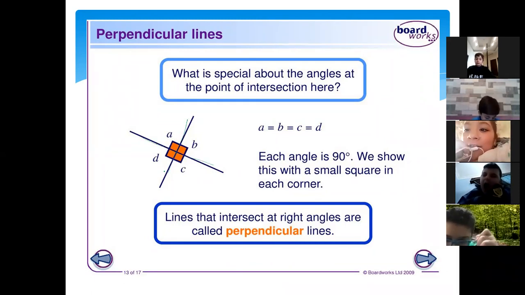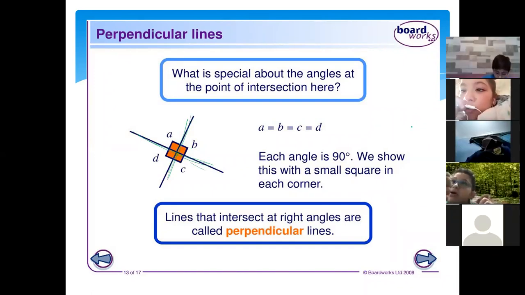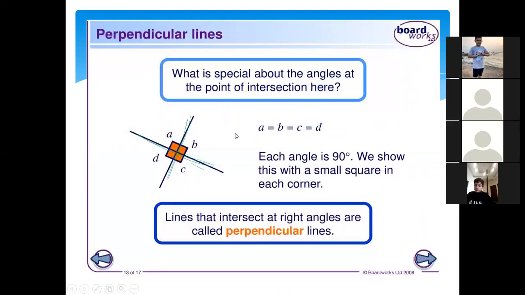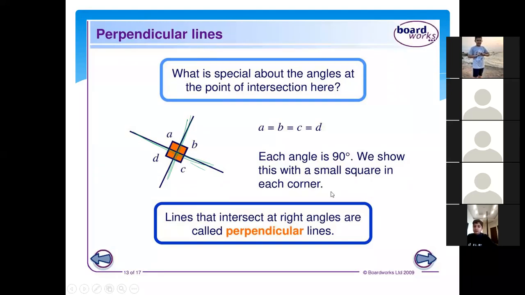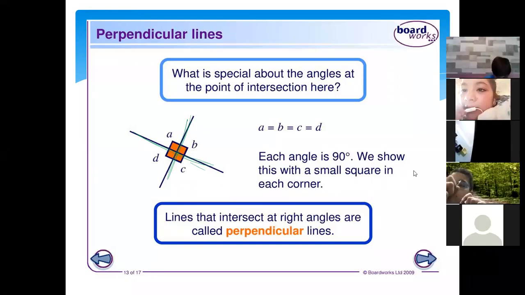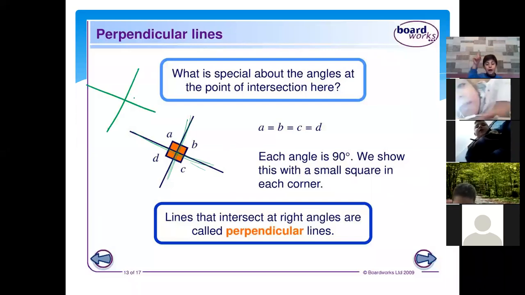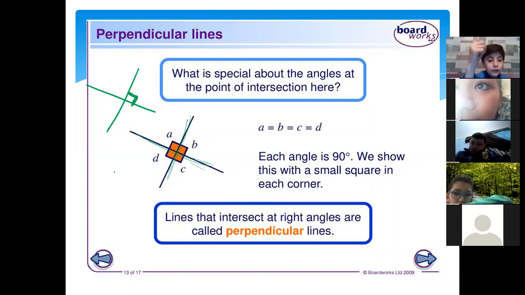Ren, what can you say about these two lines? Parallel. They form what? Look, they look like a plus sign here. They form what? Teacher, I say. Amal, wait.